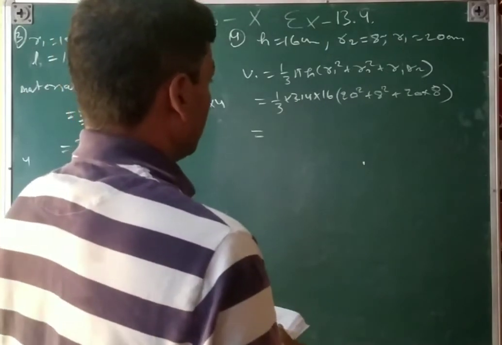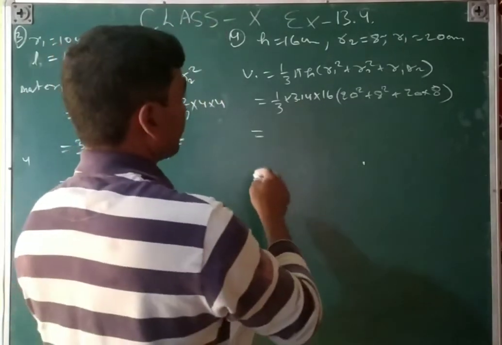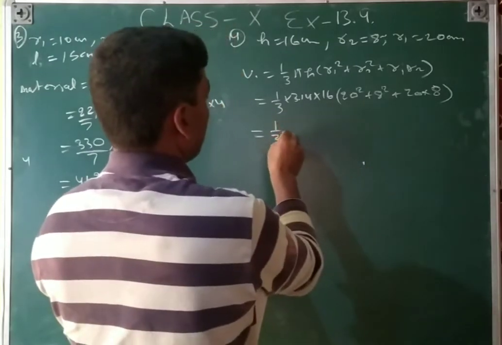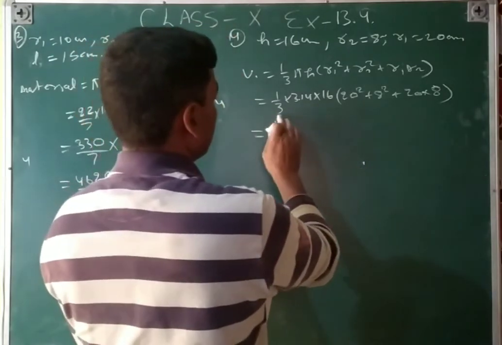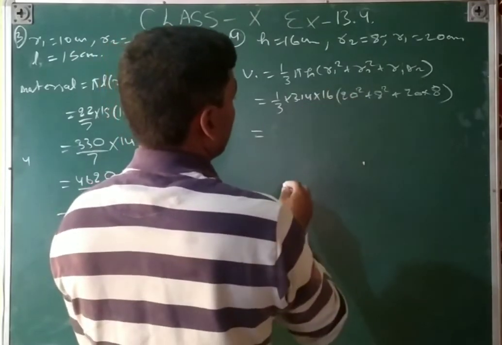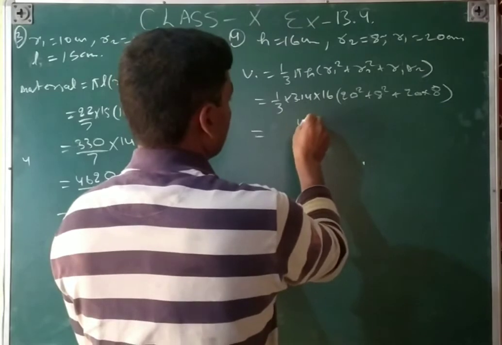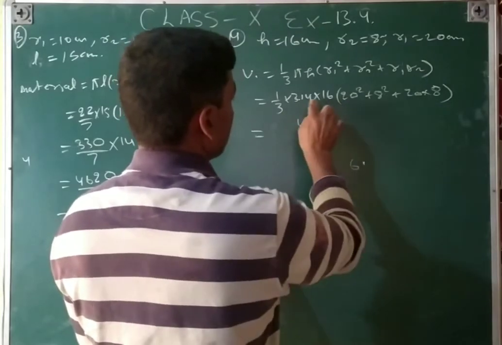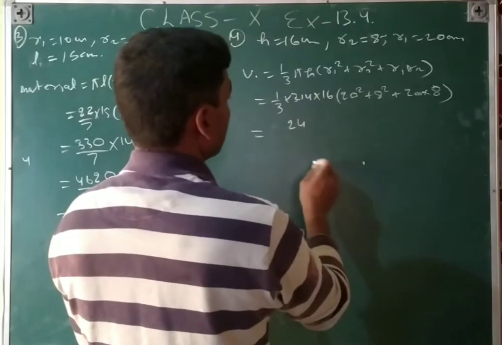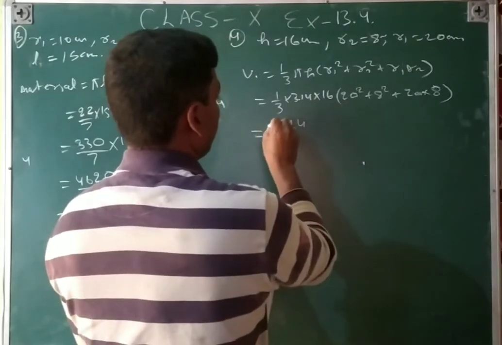The multiply process is just difficult here, so first of all we will see that. 16 into 3 is 48, 16 into 4 is 64, carry 6, 16 into 1 is 16, 22, carry 2, 16, 48, 50.